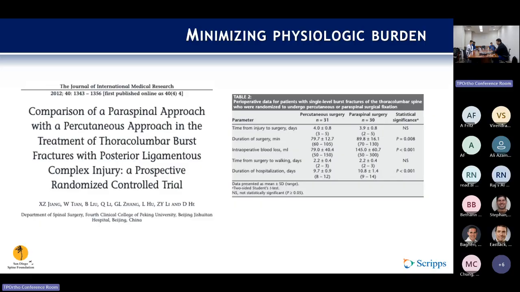The study found that the percutaneous pedicle screw fixation was associated with less blood loss compared to the paraspinal, shorter surgery and hospital stays, less pain and better recovery, which demonstrates that minimally invasive surgery can reduce the time of surgery, blood loss, and hospital stays.